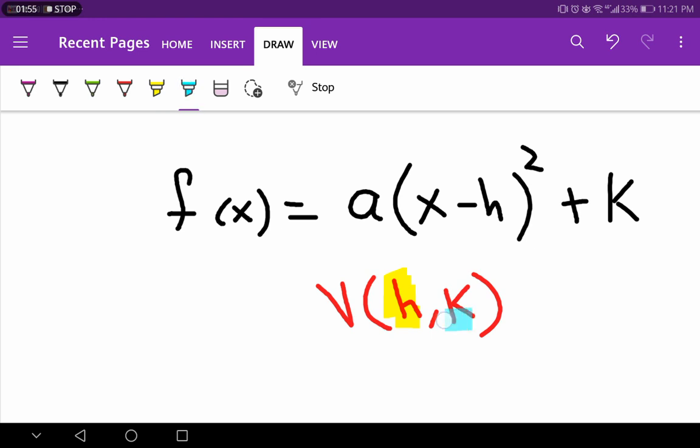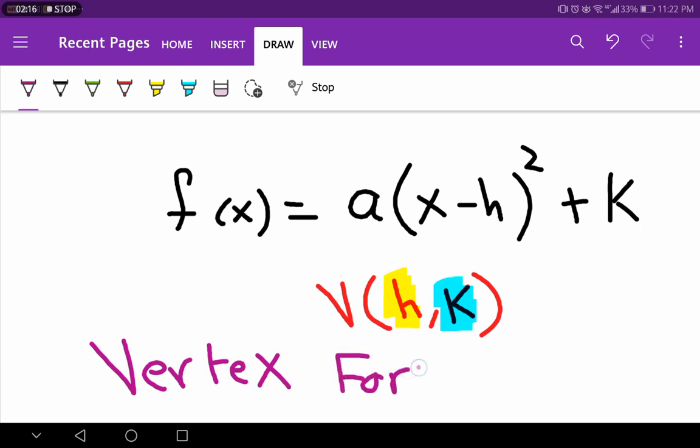And k is how many steps the graph will move up or down. So what we call this again? Yes, it is a vertex form. Are you happy with that?